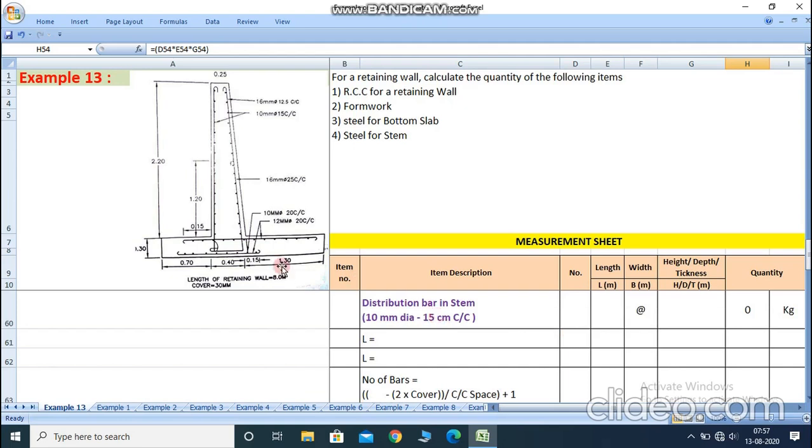Now the distribution of the bar in the stem. Here the distribution bar is 10 mm dia, 15 cm center to center spacing.